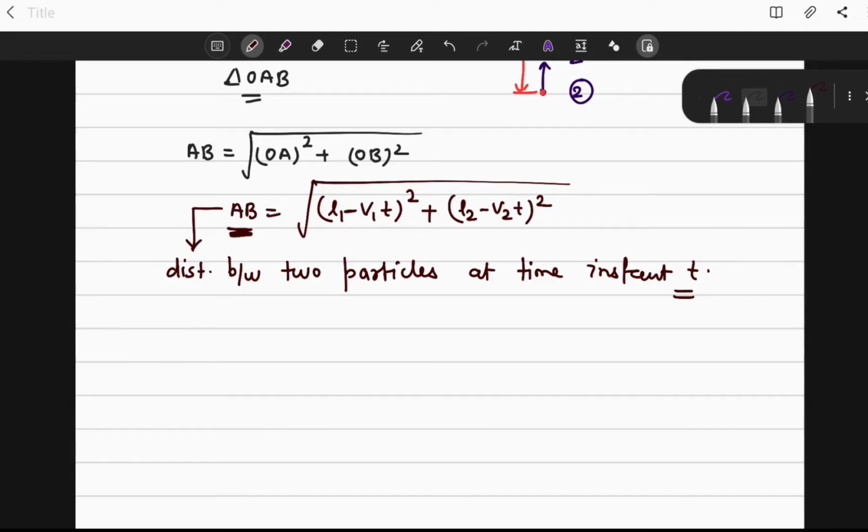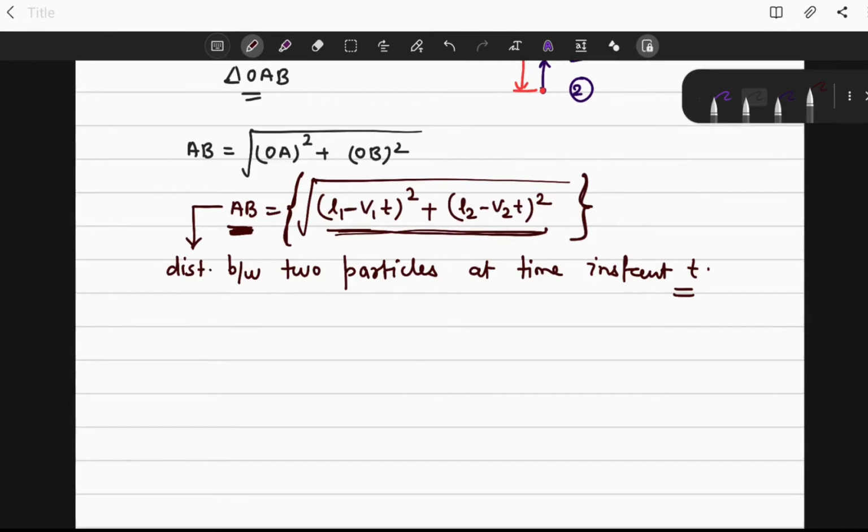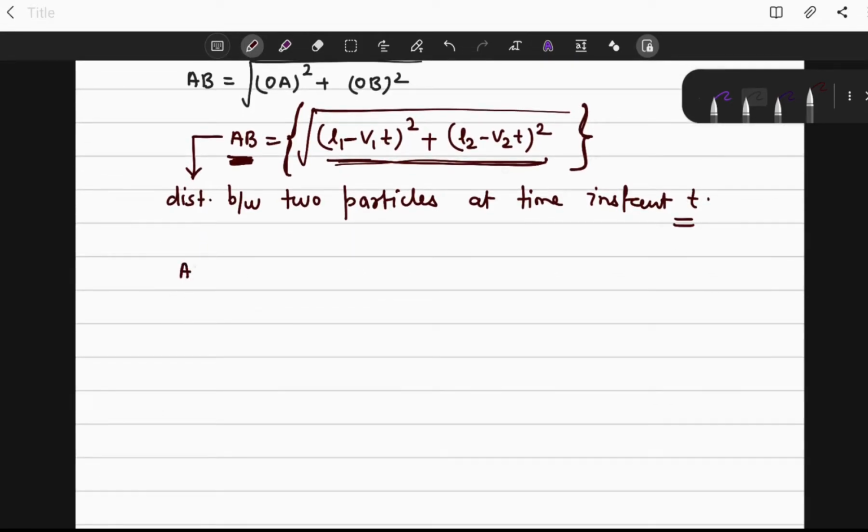Instead of differentiating the whole expression, we can just differentiate the function inside the square root and find the minimum value. So let us consider that AB square is equal to (L1 minus v1 t) whole square plus (L2 minus v2 t) whole square.